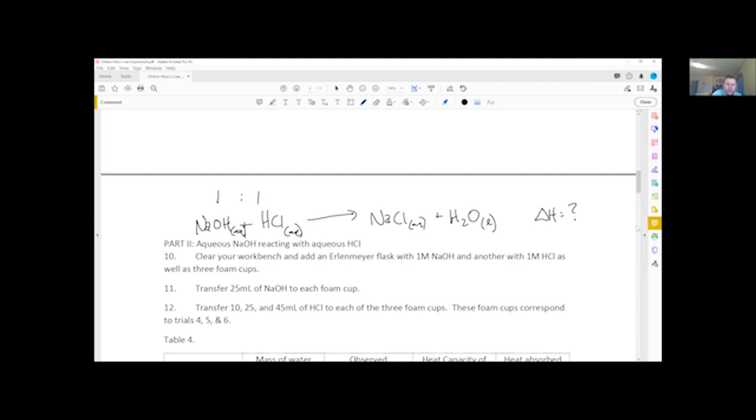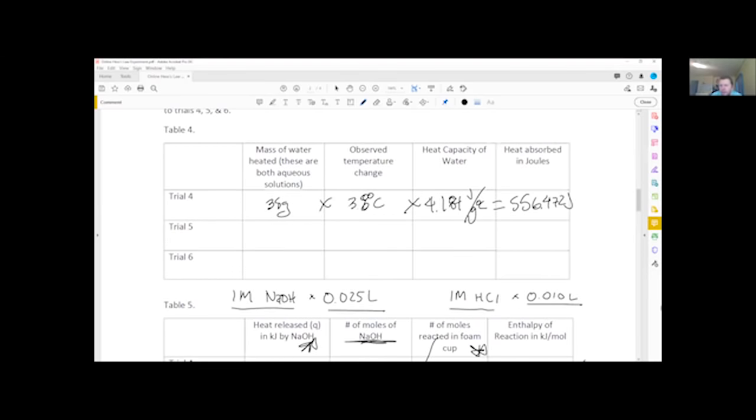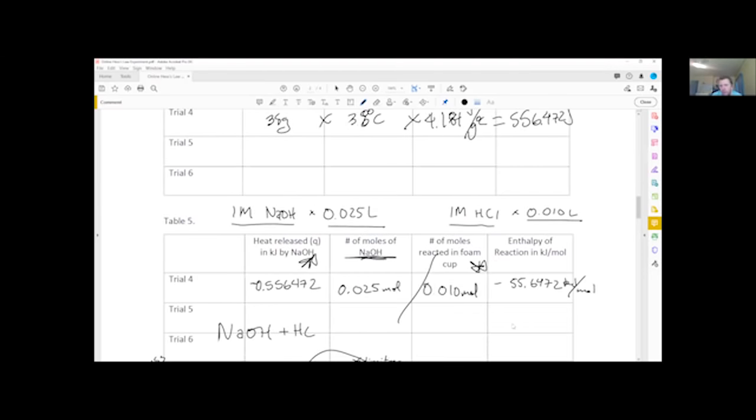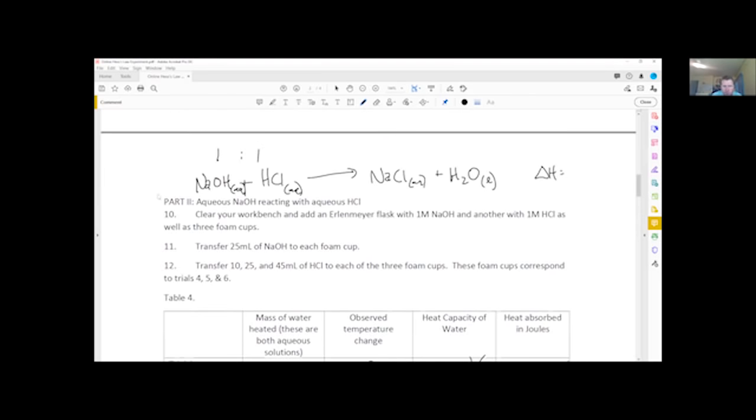I've got one delta H for this, and I'm going to get another delta H. I'm going to need to come up with an average enthalpy for the reaction of this mixture of 2 aqueous substances. So what we can say is that there's some amount of heat.